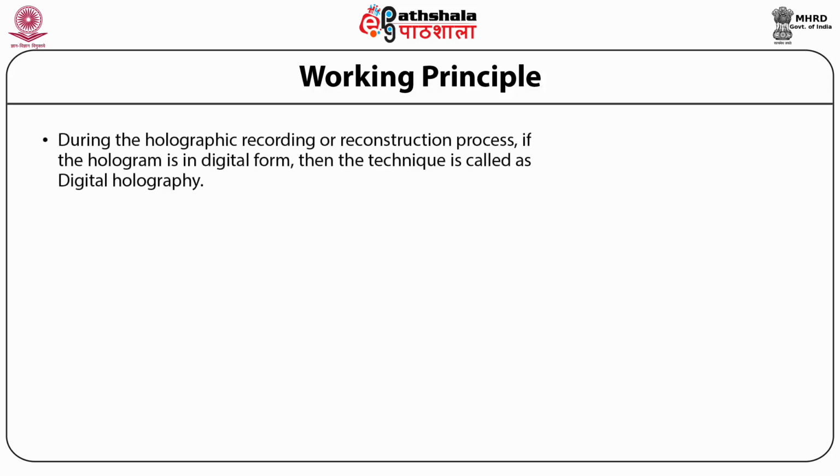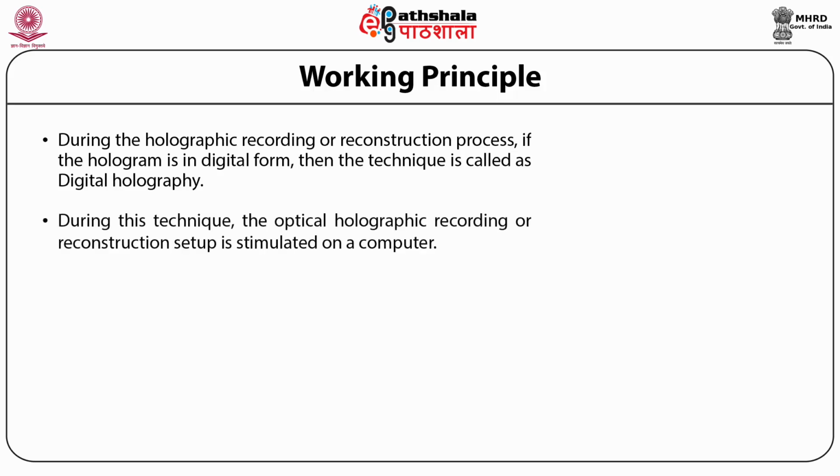During the holographic recording or reconstruction process, if the hologram is in digital form, then the technique is called digital holography. During this technique, the optical holographic recording or reconstruction setup is simulated on a computer. Figure 4 shows schematics of the process.